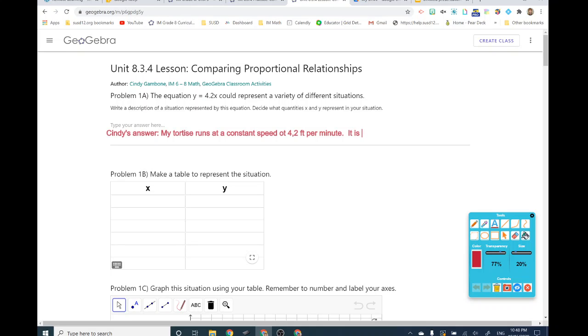It is represented by the proportional equation y equals 4.2x, where y is the distance in feet and x is the time in minutes.